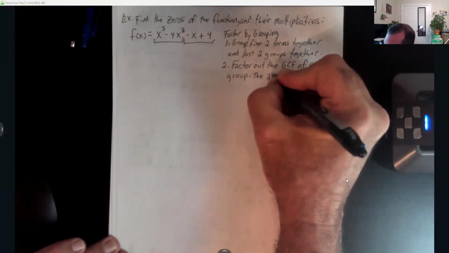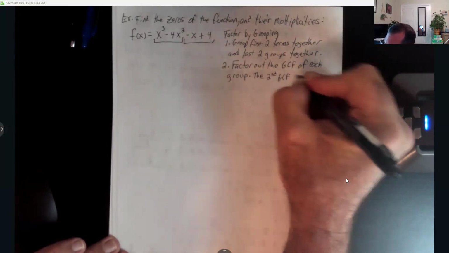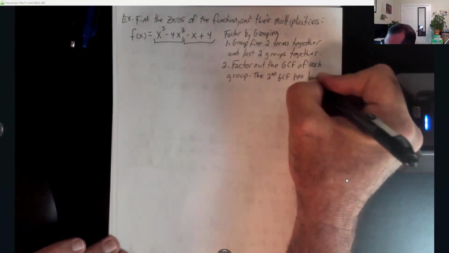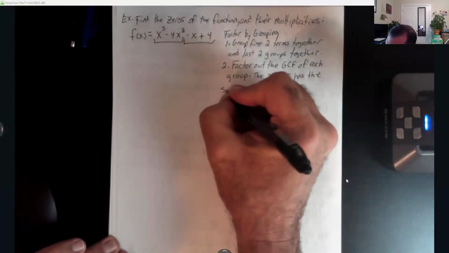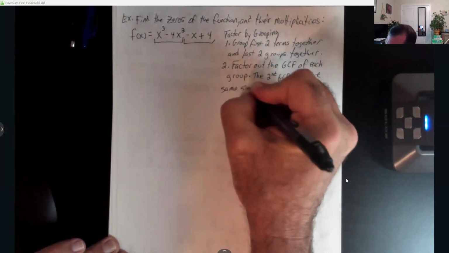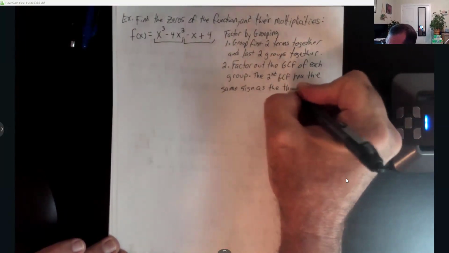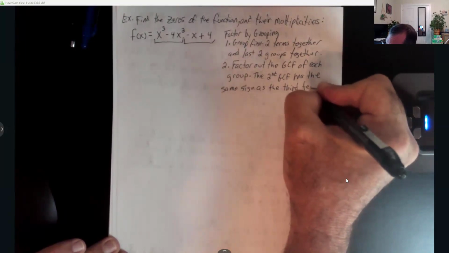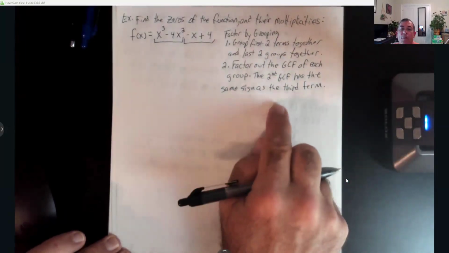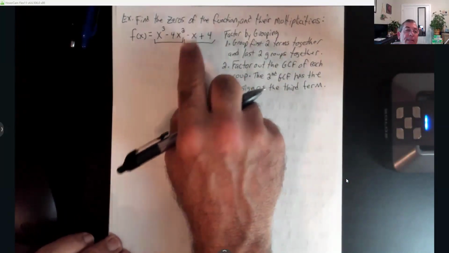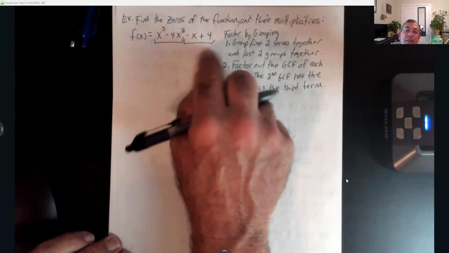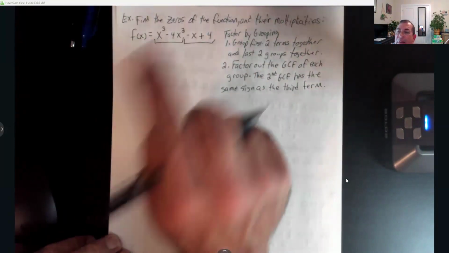The second GCF has the same sign as the third term. Okay, so the third term is negative x. That means the second GCF of these 2 will be negative like that.